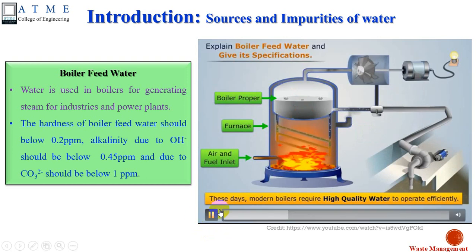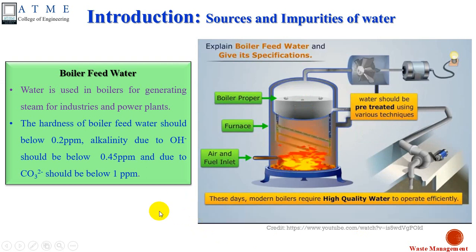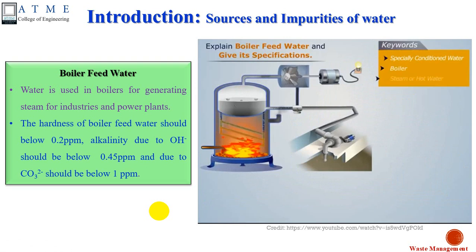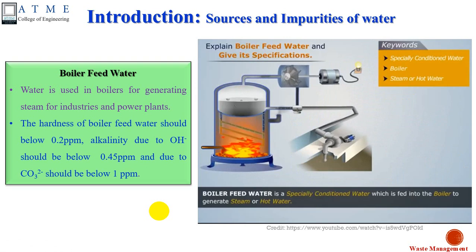So to make the water fit for use in boilers, it is treated using various techniques. Thus, we can say that boiler feed water is specially conditioned water which is fed into the boiler to generate steam or hot water. It is generated through a system of heat economy.